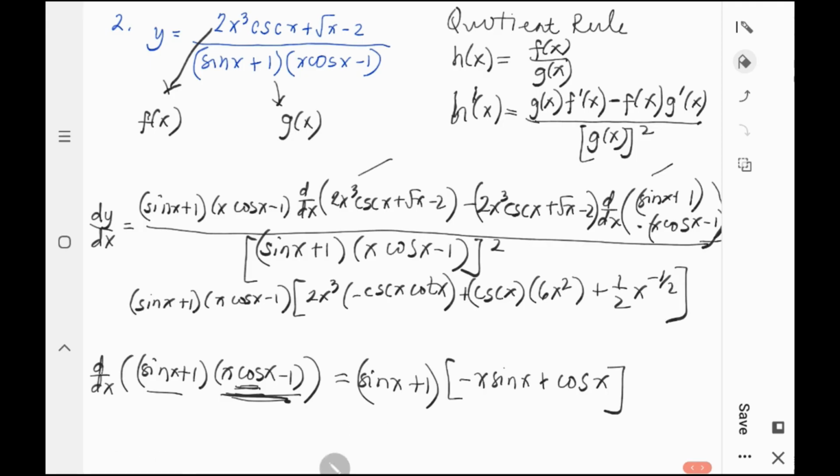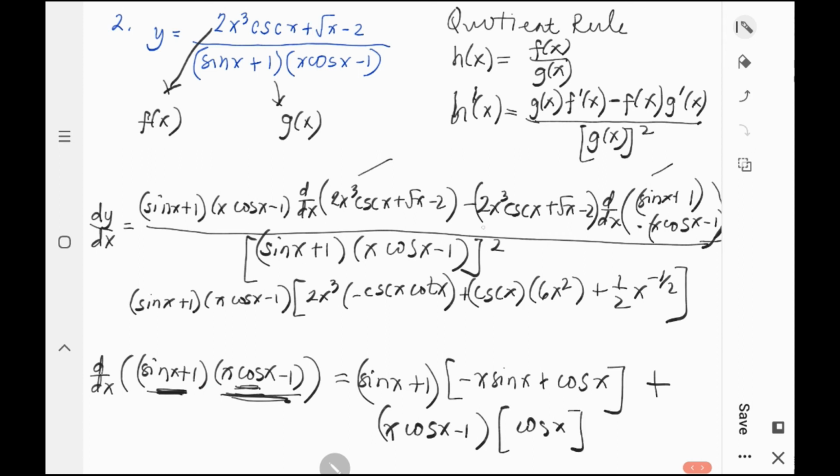And then plus, you copy x cosine x minus 1 times the derivative of sine x plus 1. What's the derivative of sine x? Cosine x. The derivative of 1, again, 0.